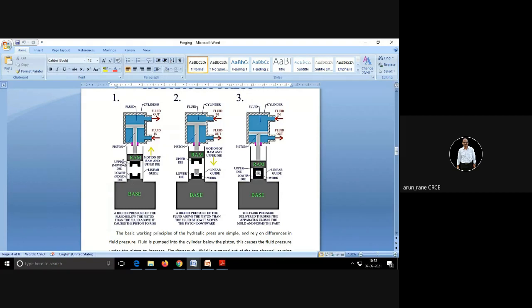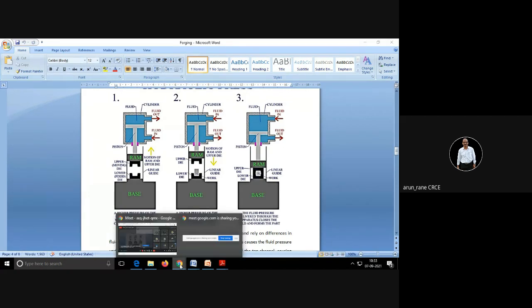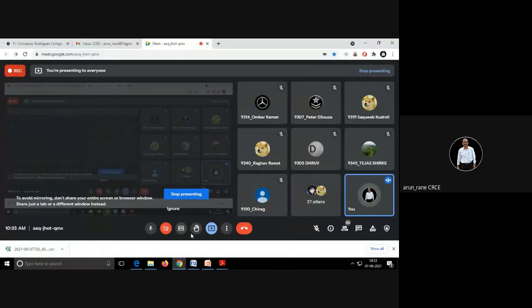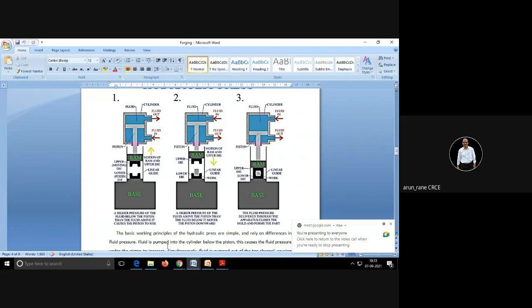So now in the first figure, whether the piston will move up or down, can anybody tell me where the ram will move? Ram will move up or ram will move down? I'll share the picture.